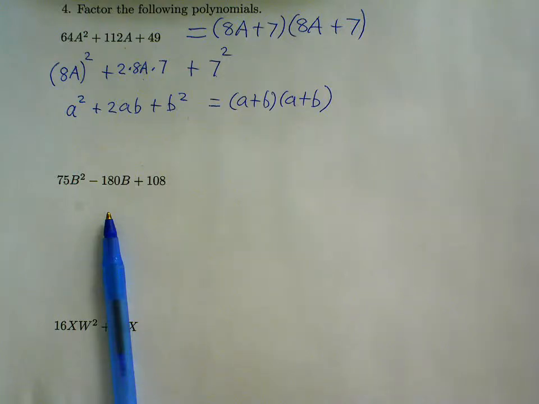How do we get started on this one? 75b to the second minus 180b plus 108. You find the greatest common factor? Yeah, find the greatest common factor. What is the greatest common factor? 1. It's bigger than 1.